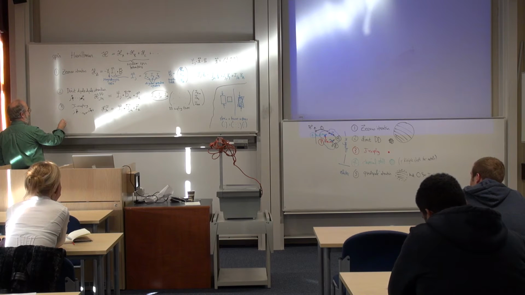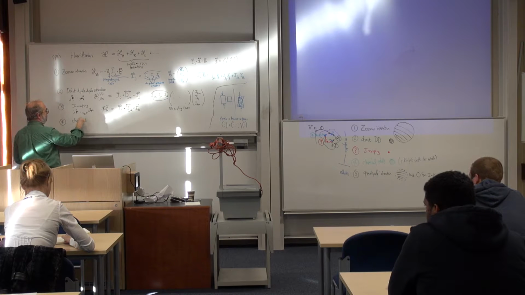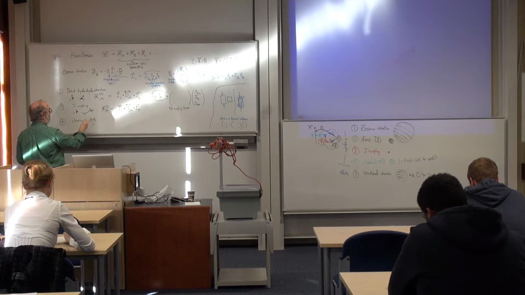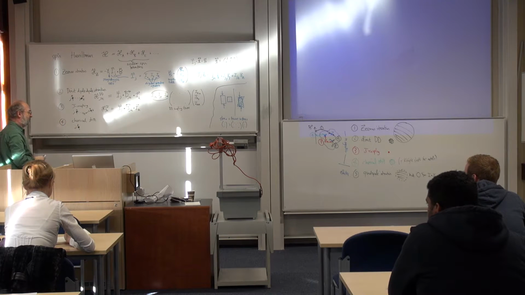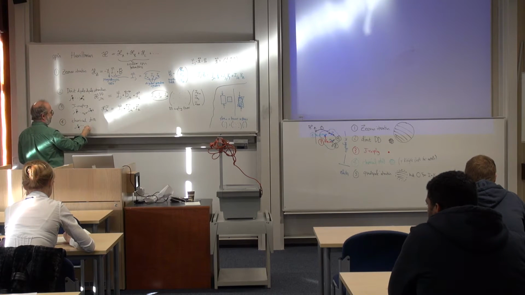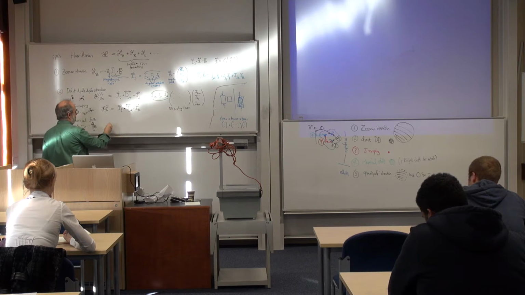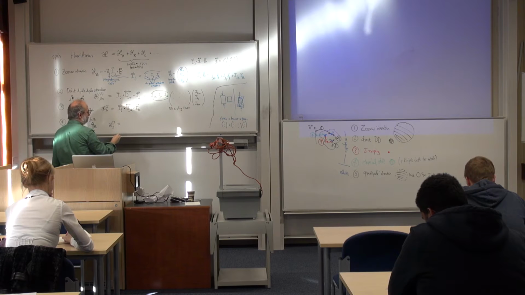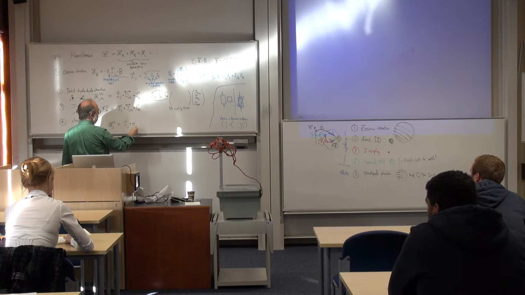And the chemical shift, since it involves the coupling from a nucleus through the electrons to the magnetic field, involves what's called a shielding tensor.